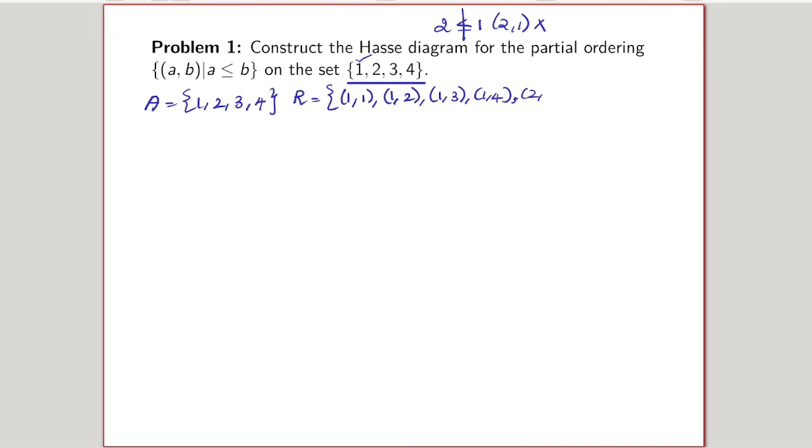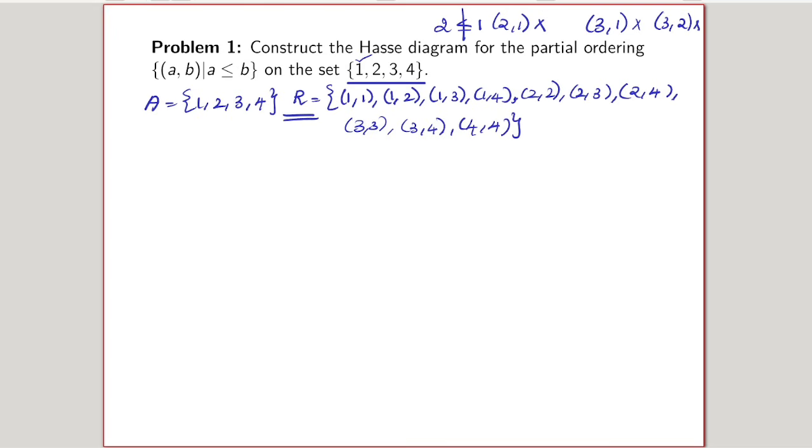But (2, 2) is possible, (2, 3) is possible, (2, 4) is possible. Similarly (3, 1) we cannot include, (3, 2) also we cannot include. So (3, 3) we can include, then (3, 4). Last one, (4, 1) will not be there, (4, 2) will not be there, (4, 3) is not there, (4, 4) is possible. So this is the relation.